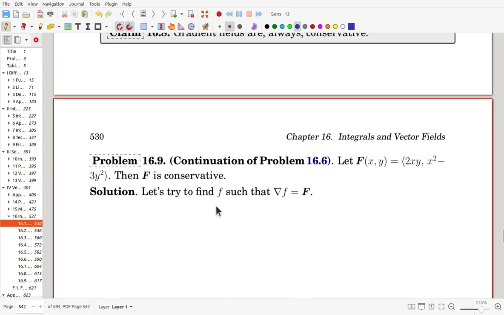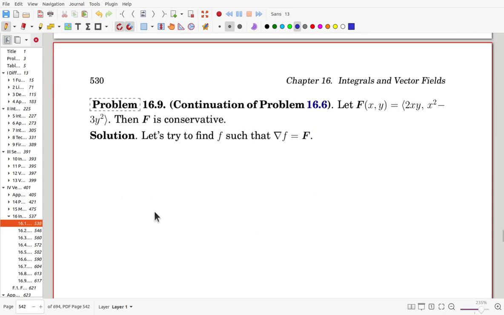Now, for this conservative vector field, let's try to find f such that the gradient of f is this vector field. Already we know the solution, but let's see how to find little f from a given conservative vector field.